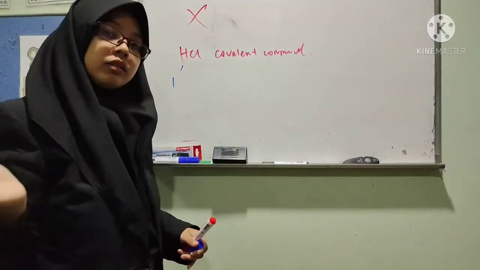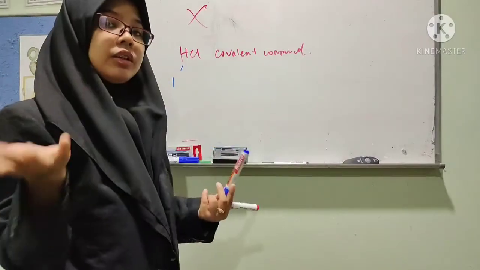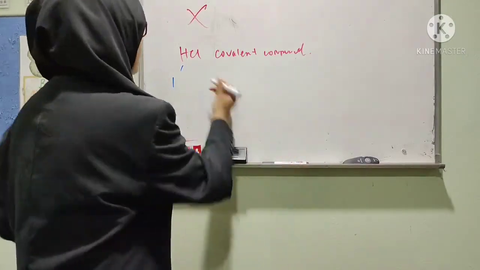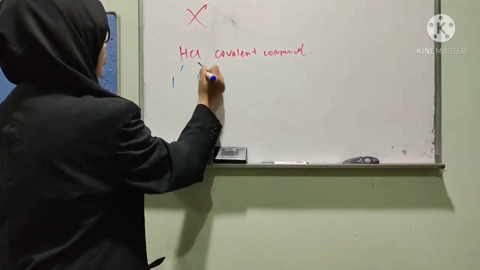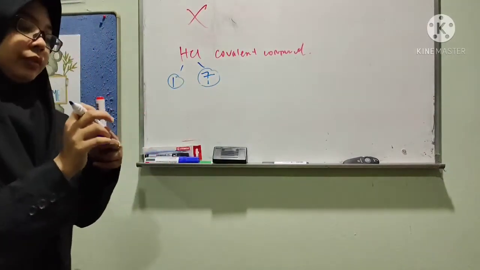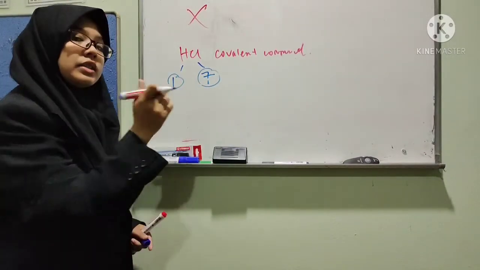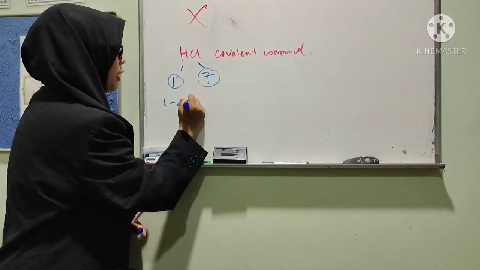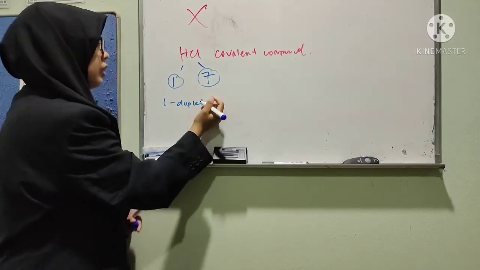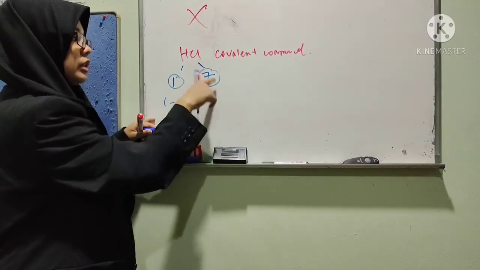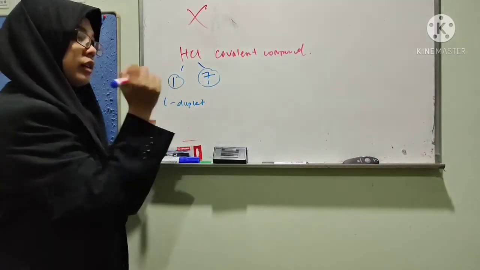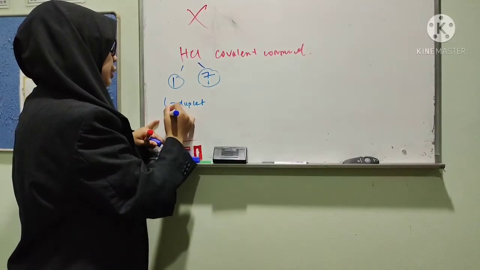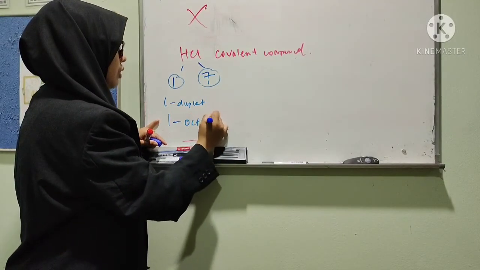And Cl, the valence electrons are 7. Okay, so H needs how many more? Another 1 to reach the duplet structure. So Cl needs another 1 also to reach the octet structure.